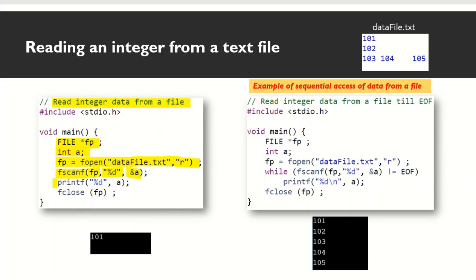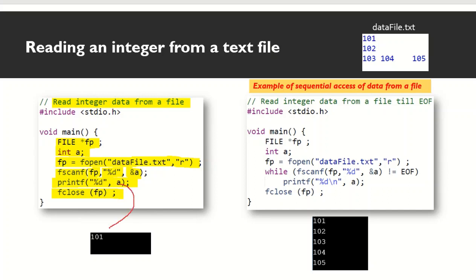Next, we are printing the read value. printf %d comma a, and I am closing the file. So this will read only the first content because we have used only a single fscanf. So the result is like this: 101.